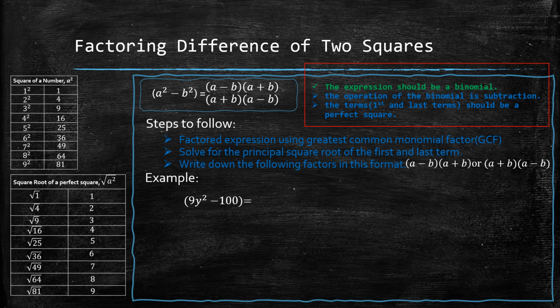So, check na ta diha. Next, write down the terms, the first should be a perfect square. Is 9y squared perfect square? Yes. Di ba? Si 9 is perfect square, si y squared is perfect square. How about 100? Yes, 100 is perfect square. So, check ta diha.